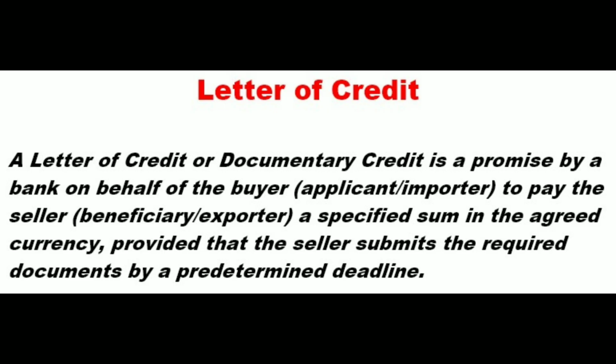A letter of credit or documentary credit is a promise by a bank on behalf of the buyer to pay the seller a specified sum in the agreed currency, provided that the seller submits the required documents by a predetermined deadline.